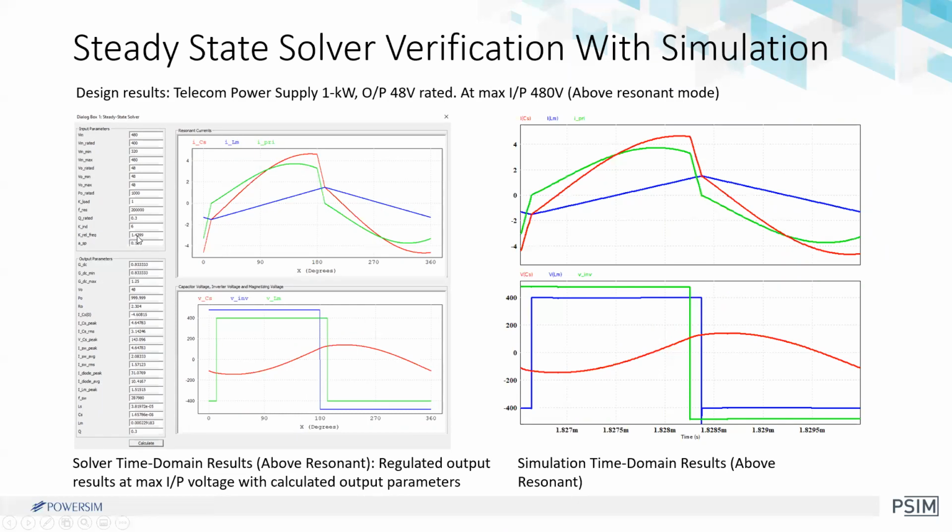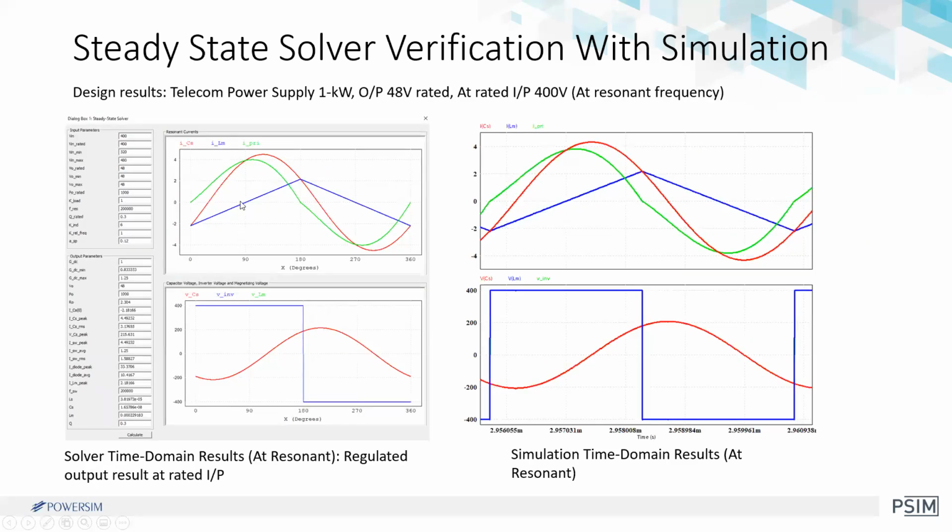So for that we have to go to 1.43. These things are there in the slides. You can have a look later. This is at resonant, as obvious, right? At 400 volt we want 48. So your turns ratio is directly your rated by rated. So at resonant condition, you got this.